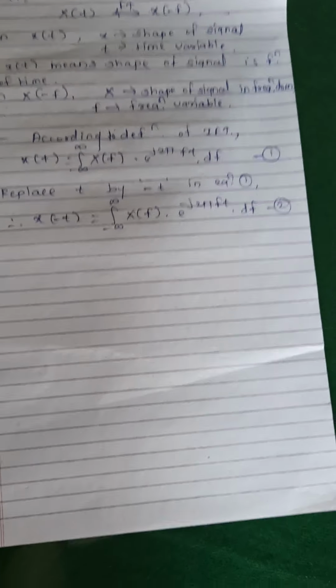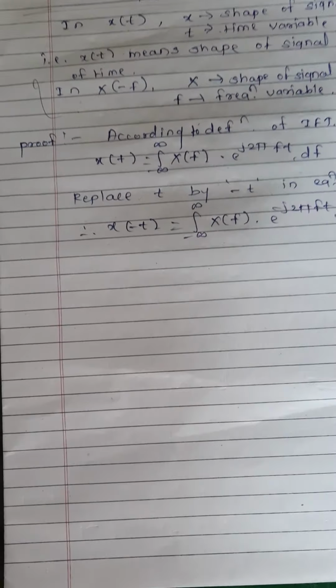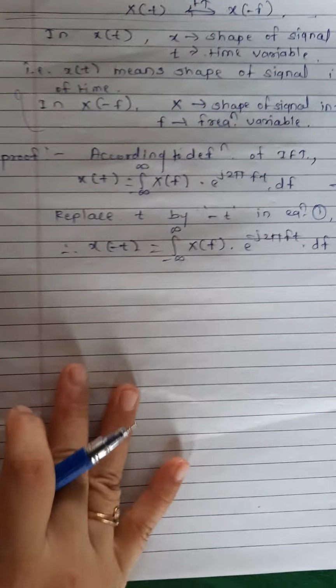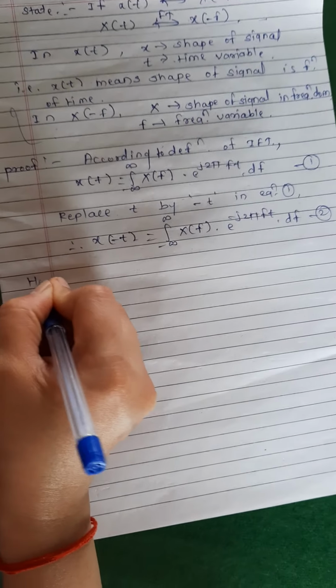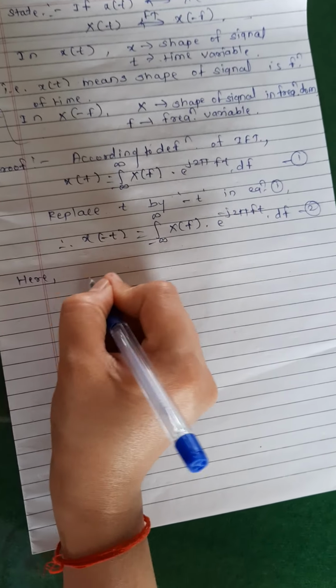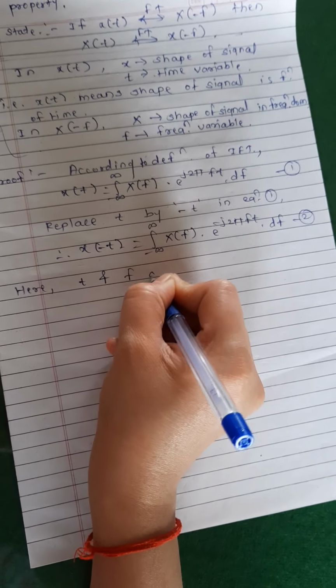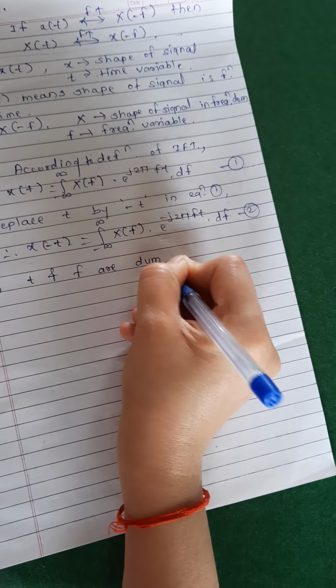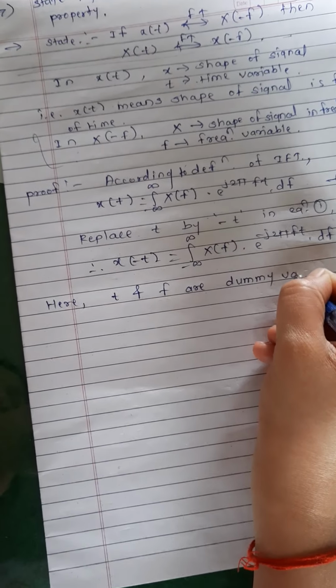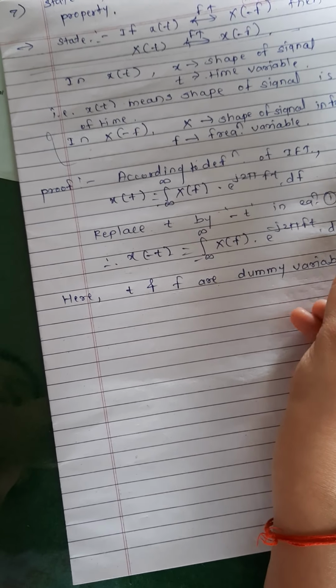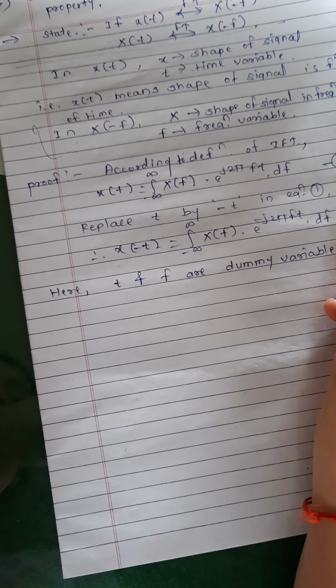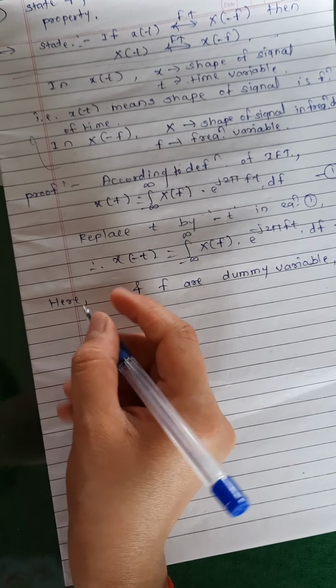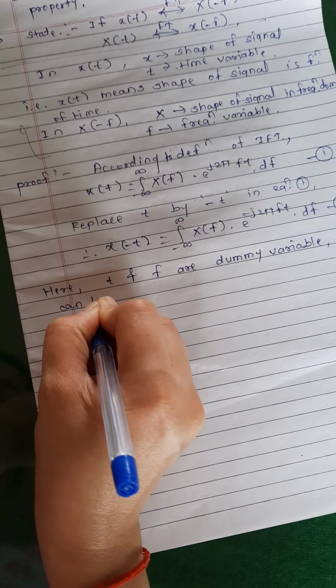Now here t and f are dummy variables and we can interchange them.